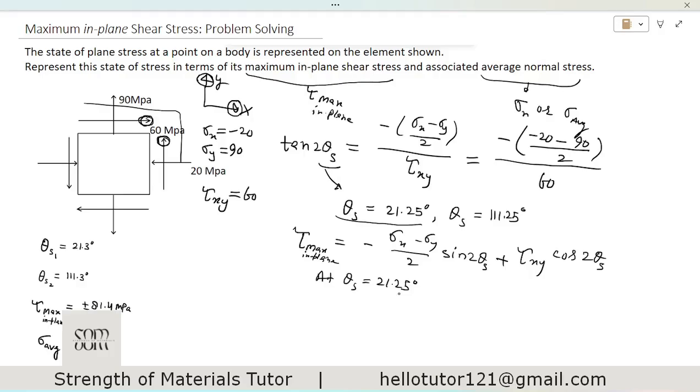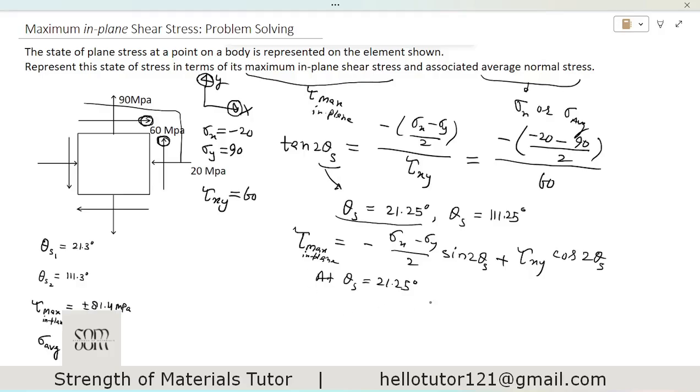Then we have plus tau xy, which is 60, times cosine of 2 times the angle, 21.25. So we got 81.4.